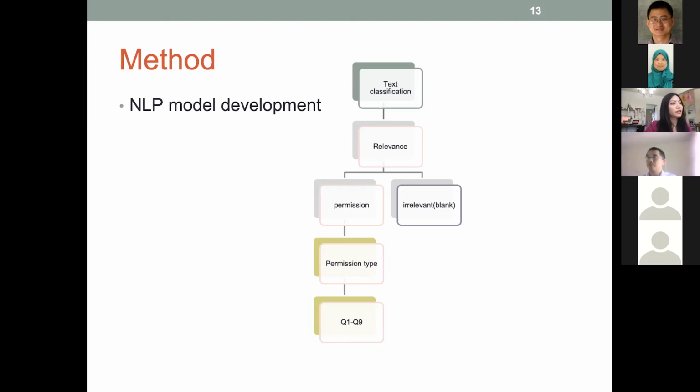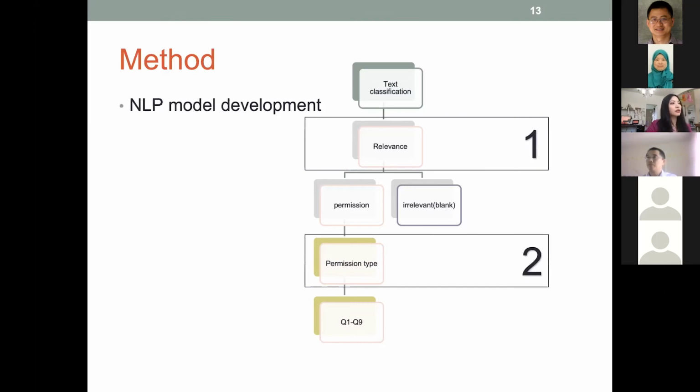We broke down the classification task into two subtasks. The first one is classification of relevance, defined as either being blank or not. And the second step is classification of permission type, defined as any of the 9 permission questions.